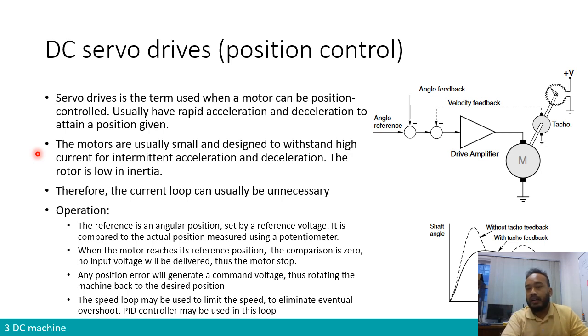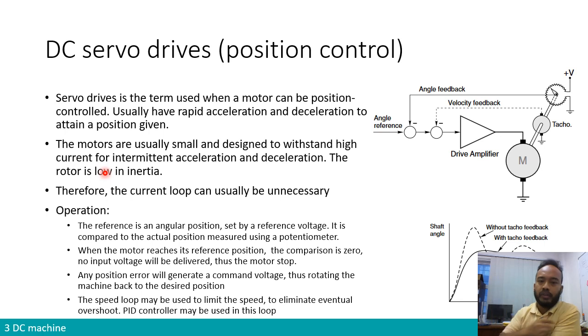So therefore, if it is a large motor, then the inertia would be very high. If the inertia is very high, then the torque needed to accelerate that inertia will be very high, therefore very high current as well. So usually these DC servo drives, DC servo motors, are used for small motors and designed to withstand high current for intermittent acceleration and deceleration.